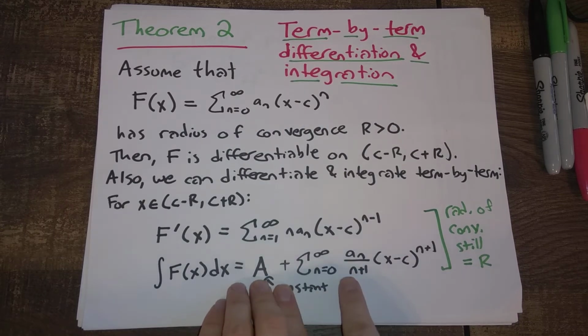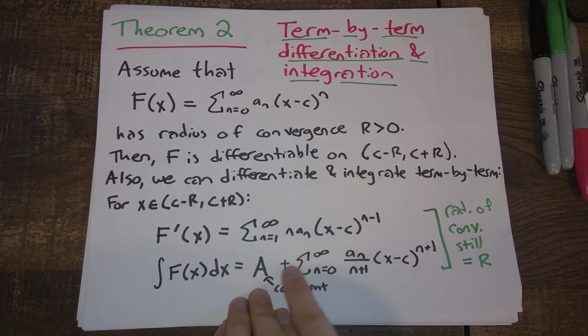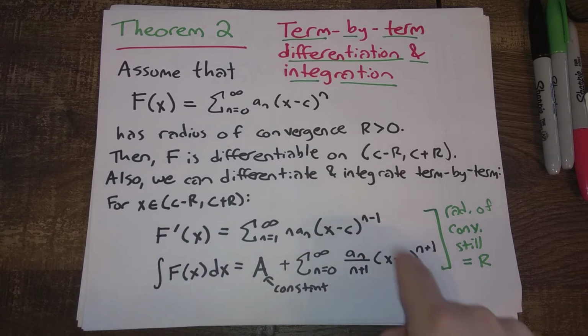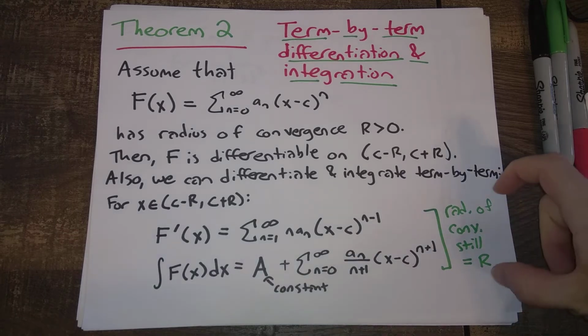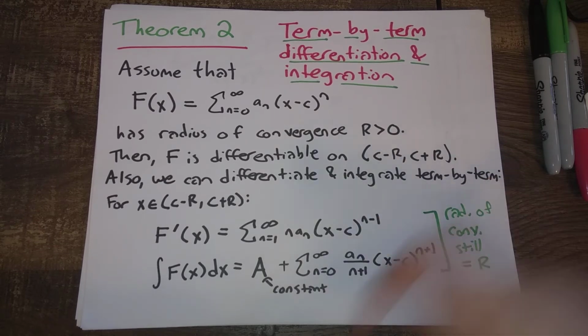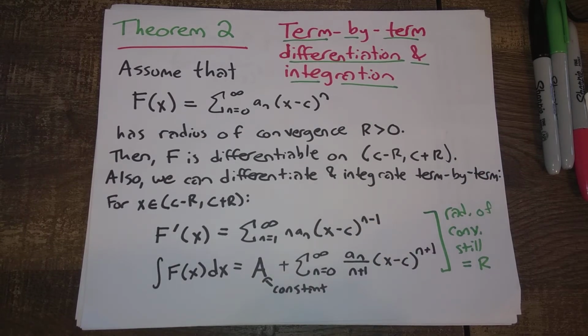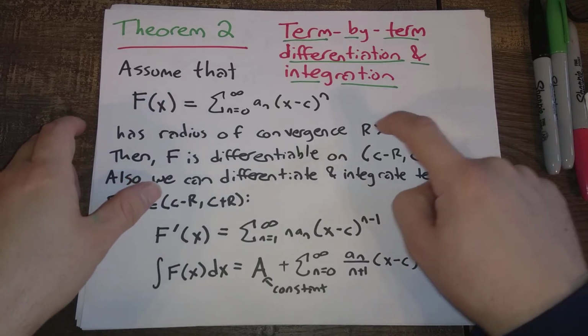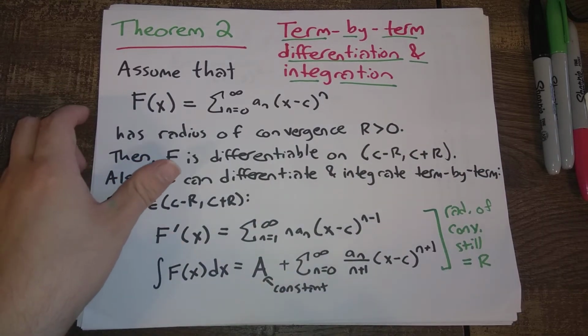We're still summing n from 0 to infinity. And this is an indefinite integral, so I'm just sticking here a constant. We usually use c, but we're using c in other places, so I'm using a here to help distinguish that. So we can integrate and differentiate term by term, and in both of these cases, the radius of convergence is still equal to r. It's exactly the same as it was before.